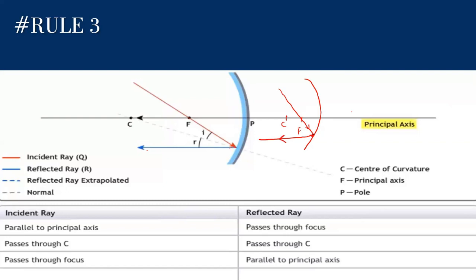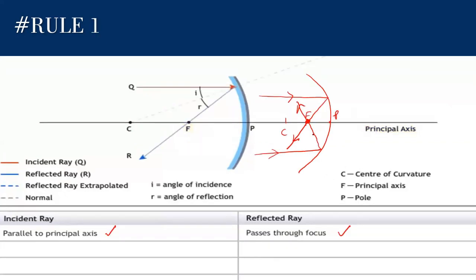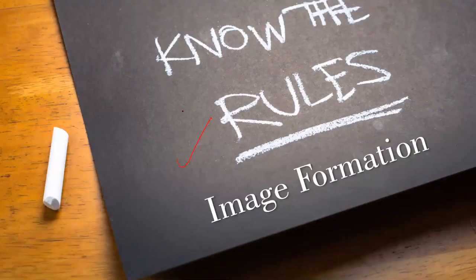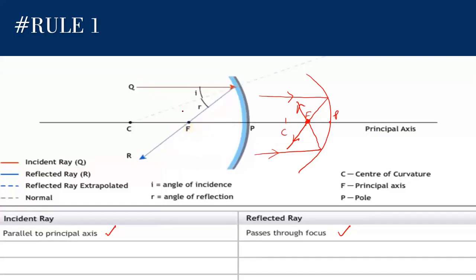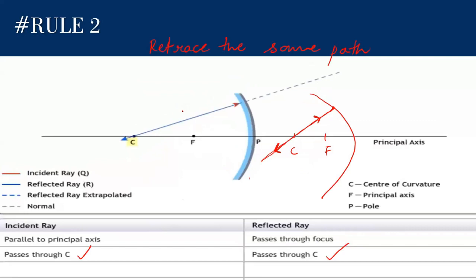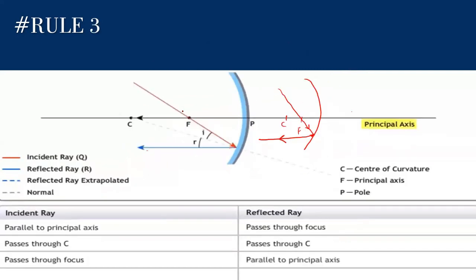Understood? At the point of incidence, every time in these diagrams you can see this gray colored dotted line. That is your normal. Understood? Rule 3: if the incident ray passes through the focus, the reflected ray has to be parallel to the principal axis.